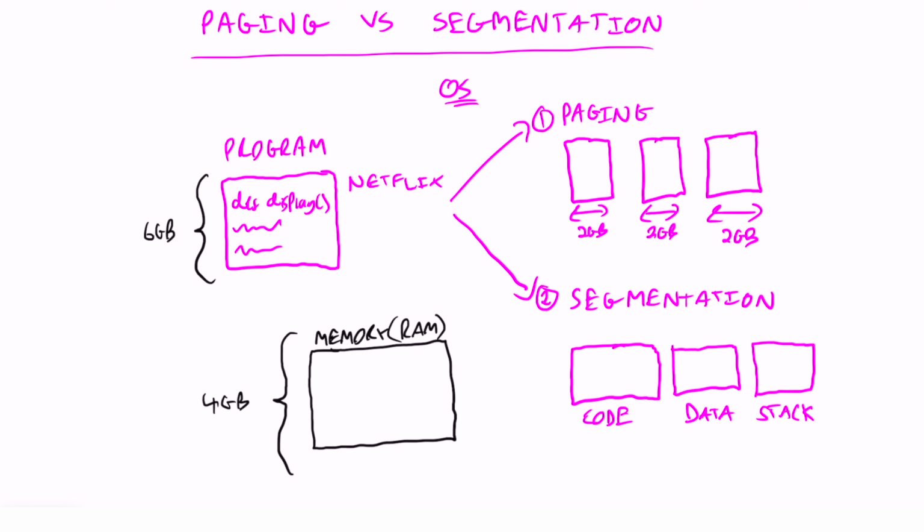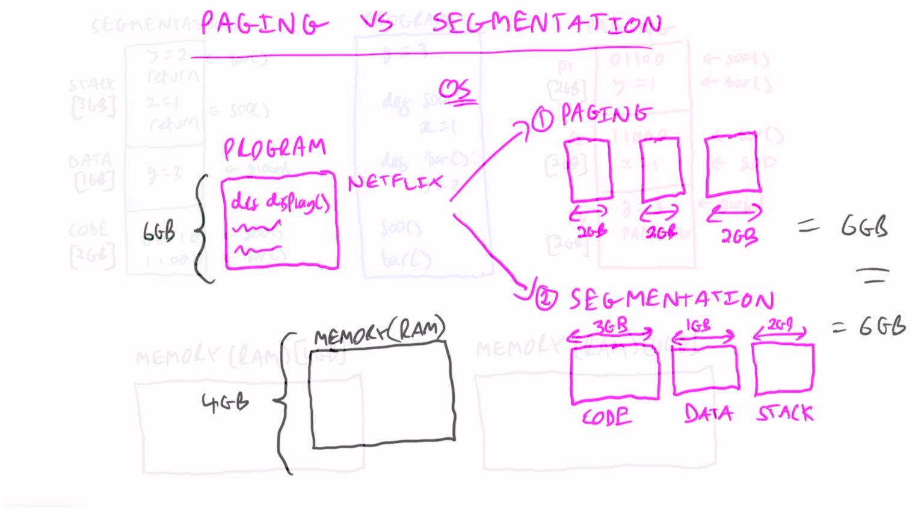But the difference here is that the sizes are not equal. So this code could be 3 gigabytes, your data can be 1 gigabyte, and your stack can be 2 gigabytes. Now in the end, they will all equal 6 gigabytes, which is your program. But the difference is they are split differently.